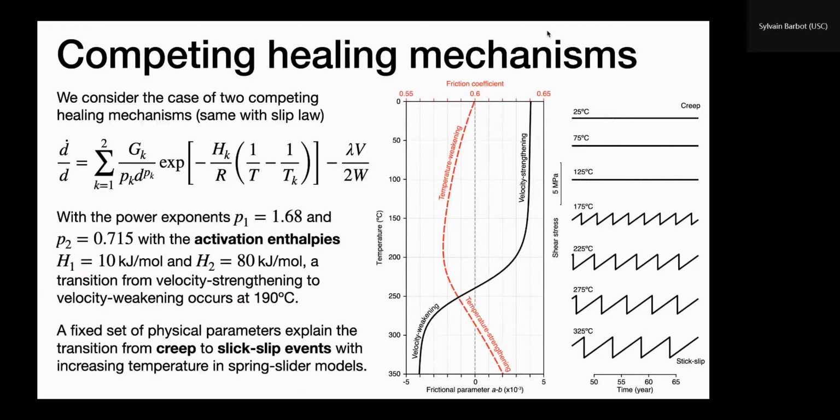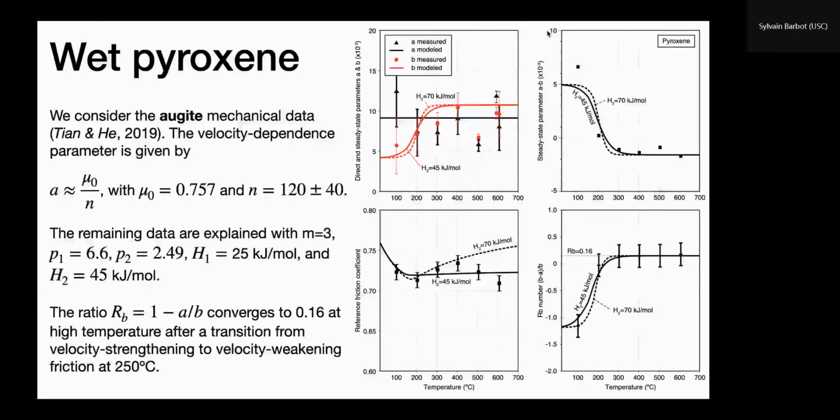So the second step is to compare the models and calibrate the model to infer the activation energies that explain different rocks in different laboratory experiments. So basically what I've done is look at all the experiments that I mentioned earlier and explore the best fitting parameters.